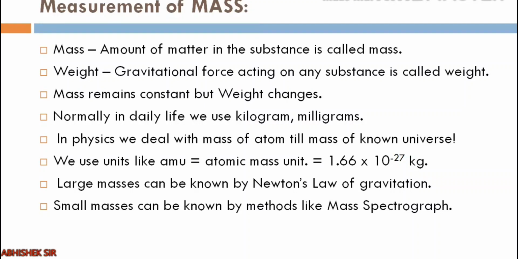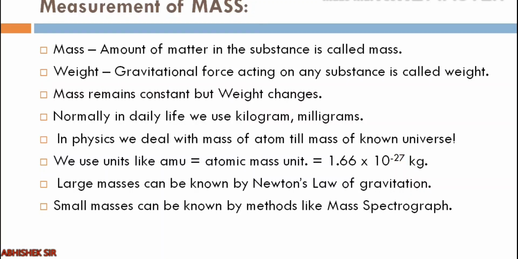We use units like AMU, atomic mass unit, that is 1.66 into 10 raised to minus 27 kilogram. You might have come across this unit when we talk about the mass of an atom. We can relate that with chemistry as well. Clear? So you can find AMU in chemistry also.